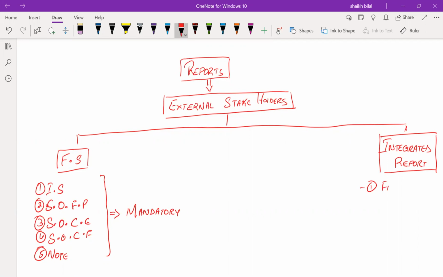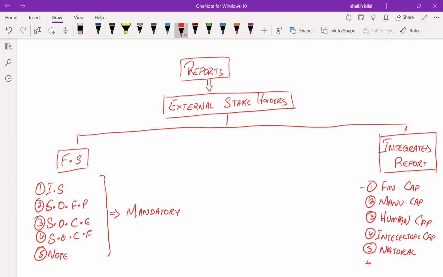So financial capital, then we have manufactured capital, then human capital, then intellectual capital, then natural capital, and last one social capital.